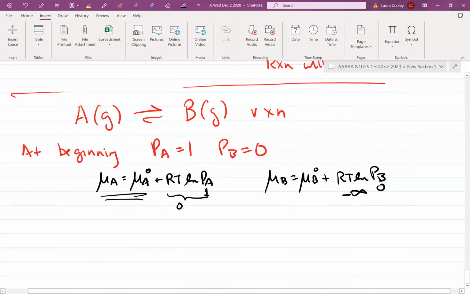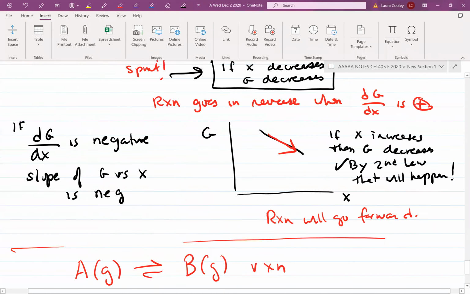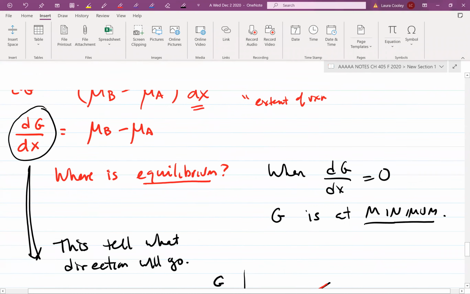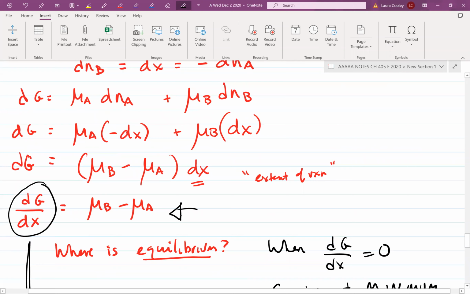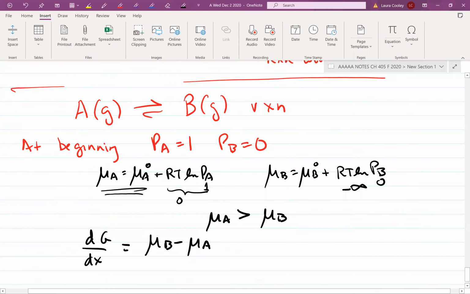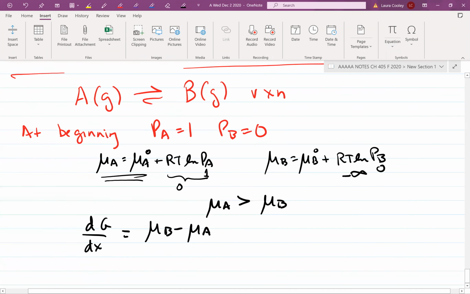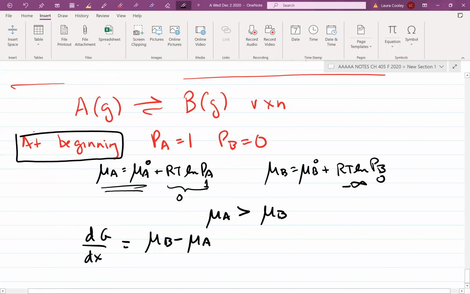So you could see here that mu A is greater than mu B. So dG/dX, which is equal to mu B minus mu A, which we showed a little earlier. All right, going back a little bit, see right here, mu B minus mu A. So at the beginning, that's what we're talking about.